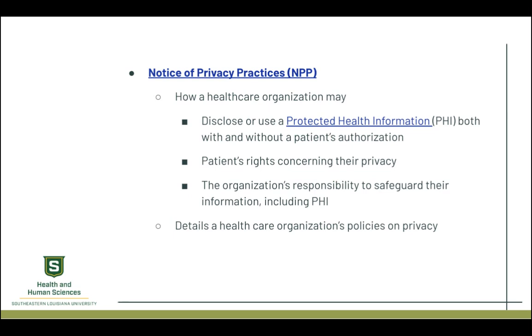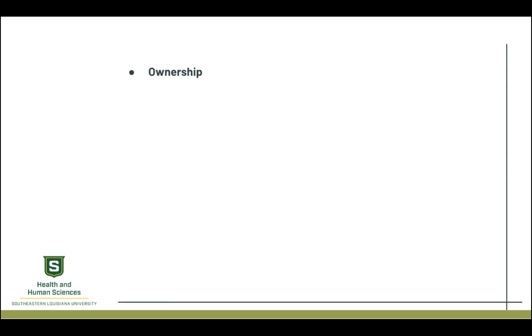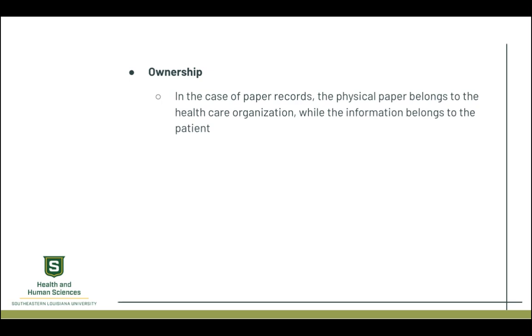It includes details of the organization's policy on privacy, and NPPs need to be clearly written in ways that are not full of jargon, whereby it's difficult for a patient to understand what is written in there.